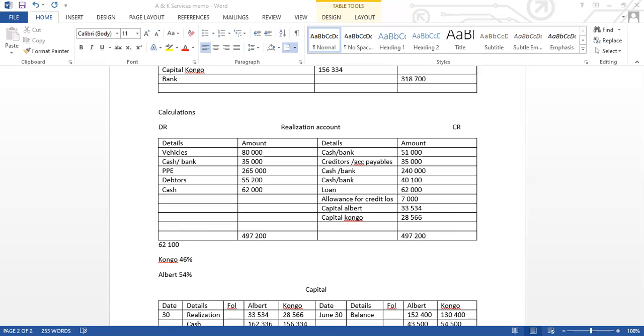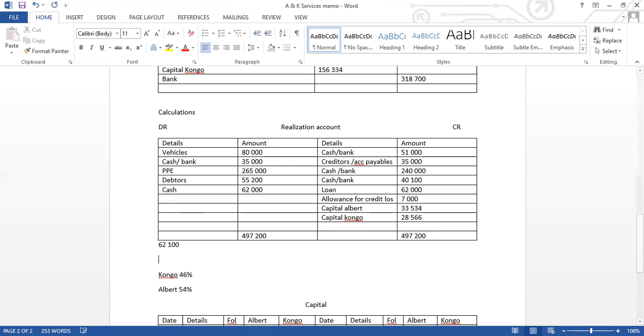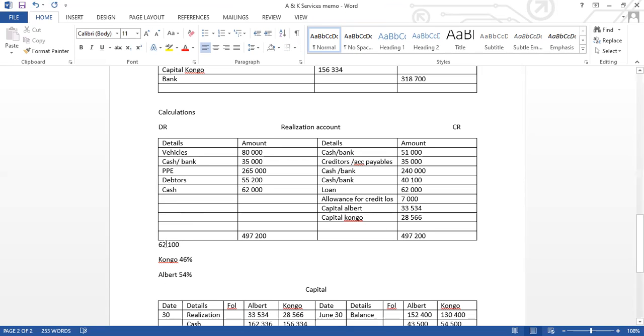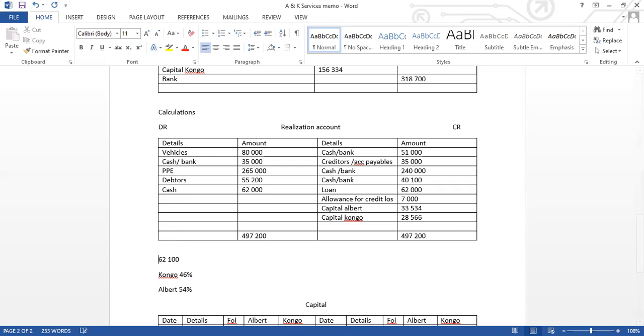So how will we divide it if we were not given any profit sharing ratio? Please take note of this. Usually when you are not given a profit sharing ratio, you will have to use their capital accounts. You will have to share profits and losses based on their capital balances.